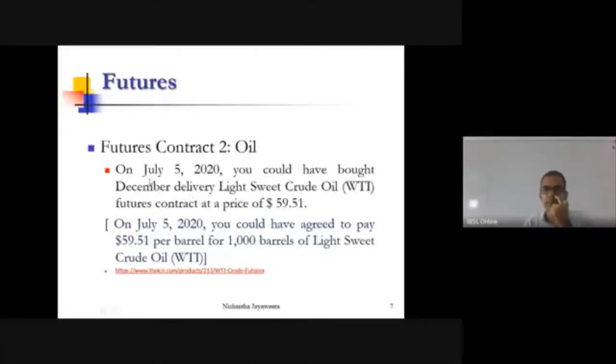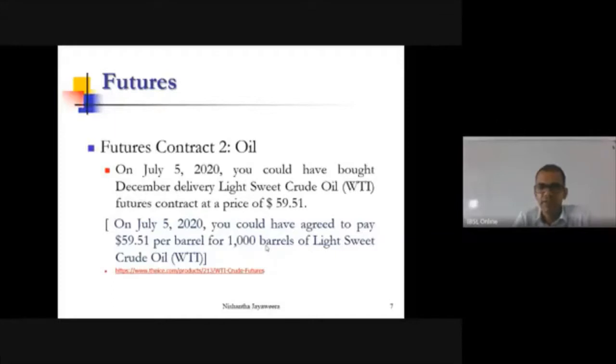So in oil, the contract size is 1,000 barrels. When you buy one contract, you agree to buy 1,000 barrels of light sweet crude oil. We call it West Texas Intermediate oil, so WTI oil.